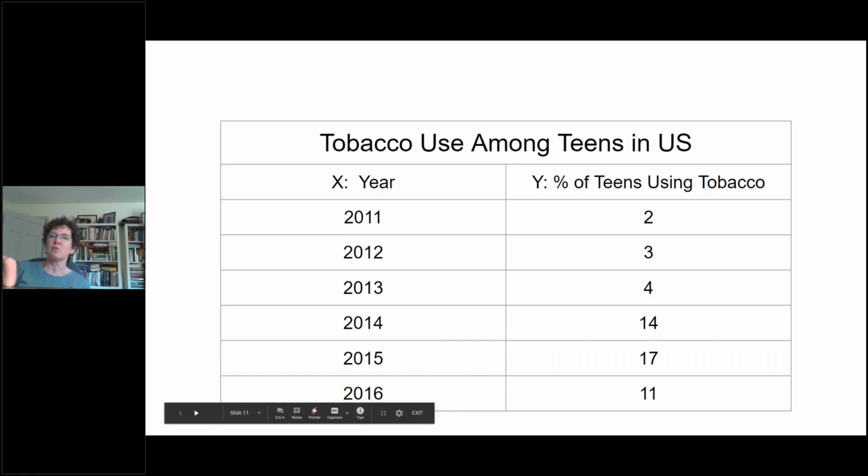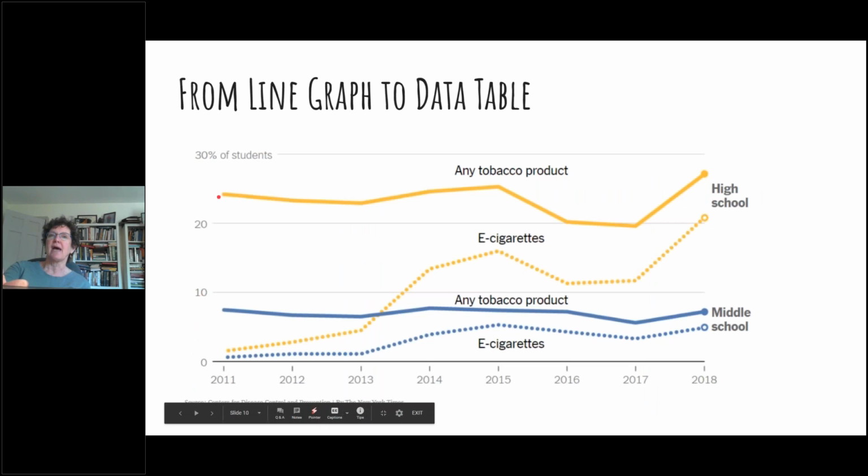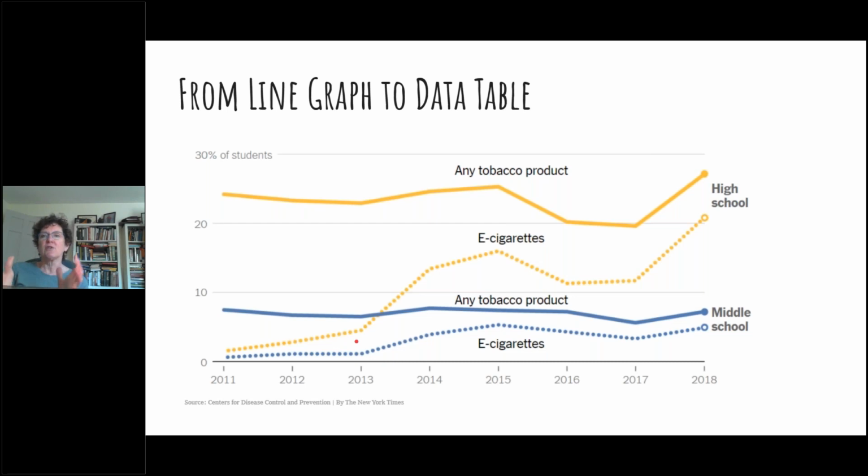So one of the things that's really critical is that you are able to take these points. 2011, and notice I had to estimate. 2012, I said it was at 3, 2013 at 4. If you think about this as being on a graph, these are the data points that are used to create this line graph.